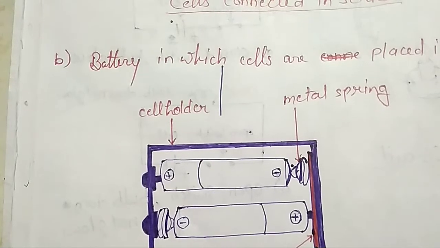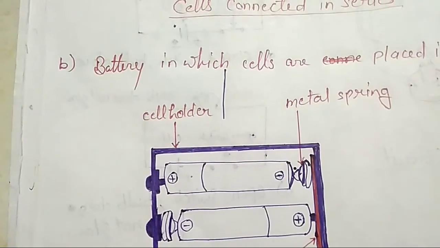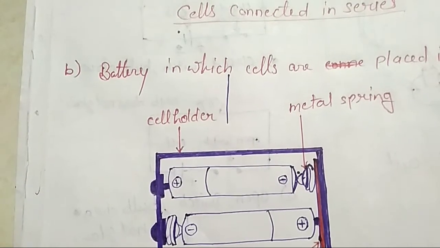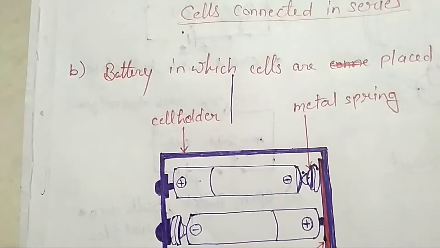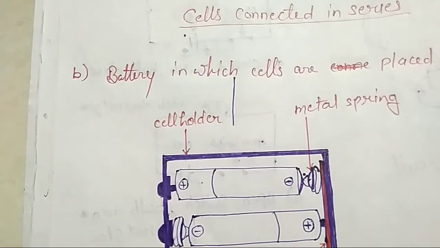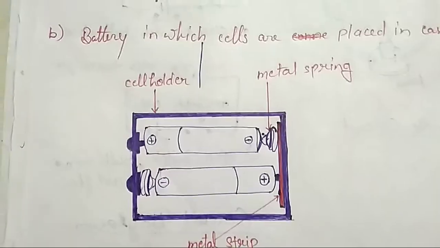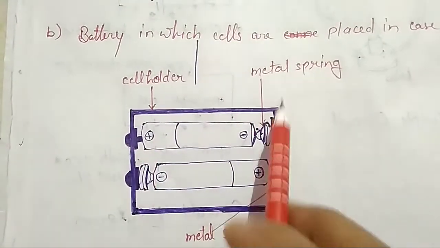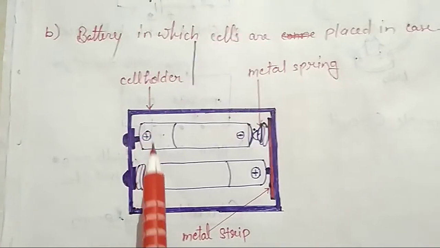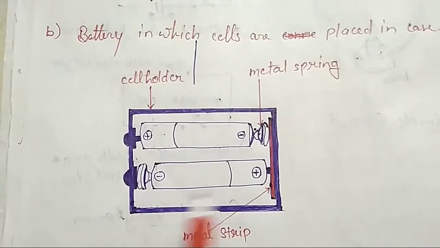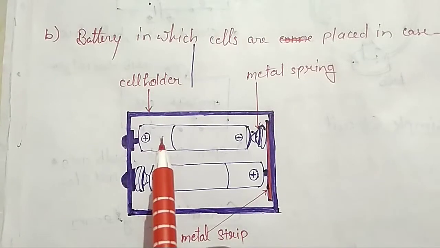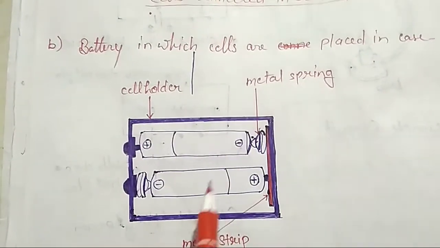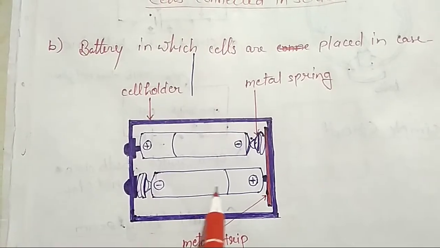The positive terminal of one cell is connected to the negative terminal of the other cell by a metal strip in the cell holder of the TV remote. This is a holder. You will see this type of holder in the remote control of a TV or any remote control car.